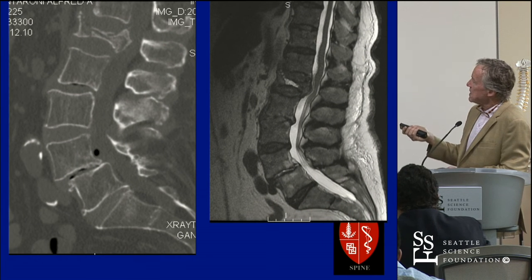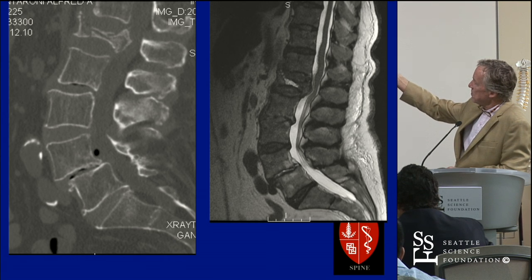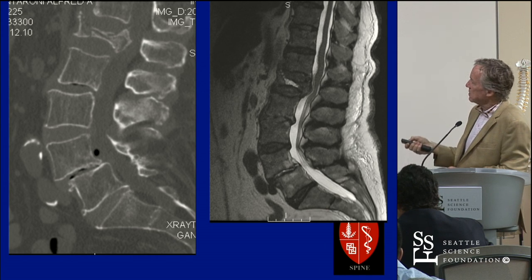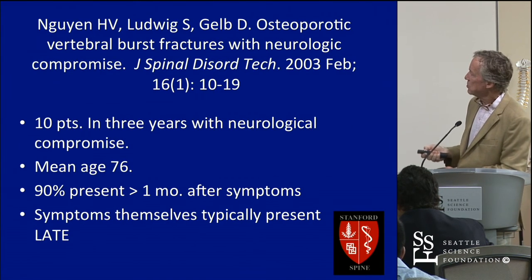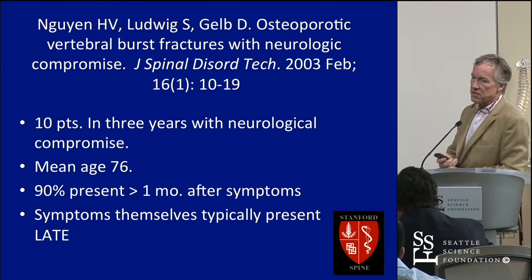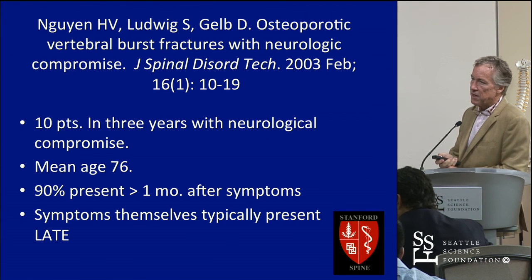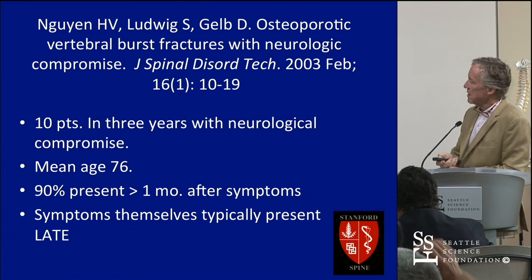And I mentioned the senile burst fracture, and that's a special case, because as you can see here, this elderly person suffered a fracture, and basically because of the osteopenia, that L1 burst fracture basically disappears. Senile burst fractures have a propensity to develop late neurologic sequelae that fractures in younger people do not.